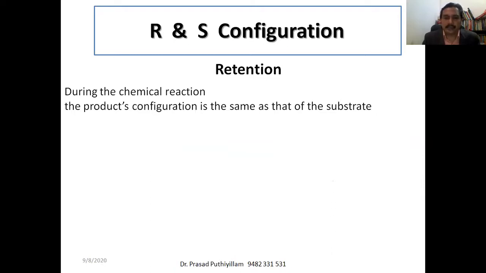Now retention: during a chemical reaction, if the product's configuration is the same as that of the substrate. A chemical reaction takes place, a molecule of a particular configuration reacts, and the corresponding product is formed. So this is the substrate, this is the product formed.